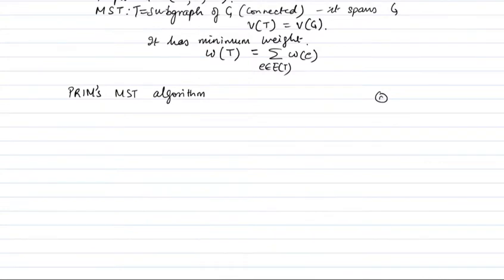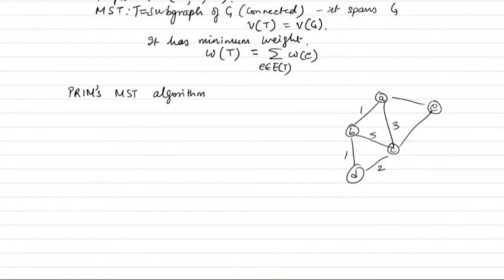I have a vertex A, B, C, then a vertex D, and let's connect it this way, and another vertex E. This is my graph. Let me put some weights on this: 1, 1, 2, 5, 3, 3. All right, these are the weights.